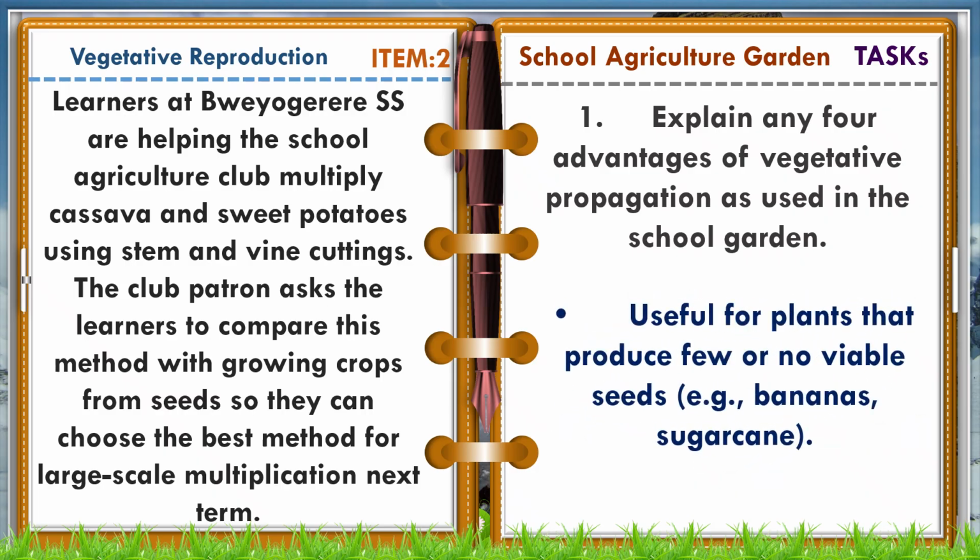They are useful for plants that produce few or no viable seeds, like bananas and sugarcane.